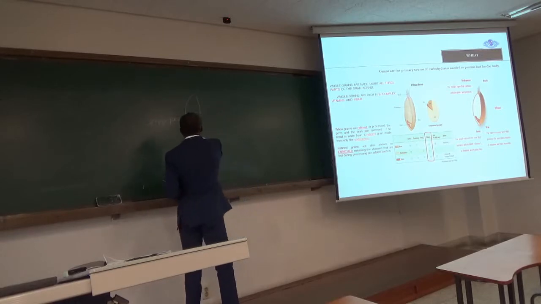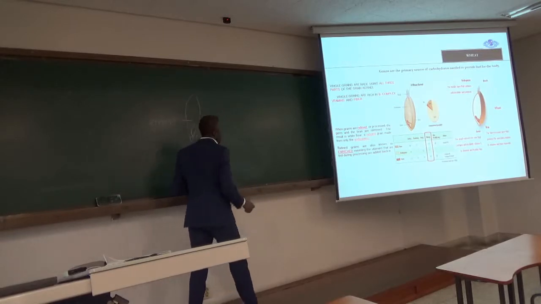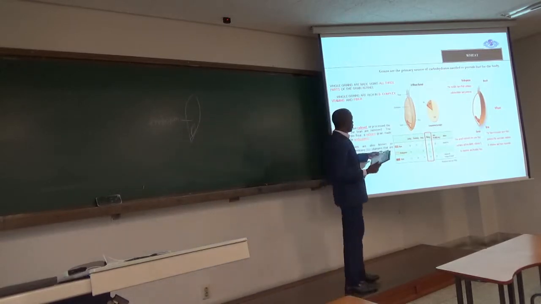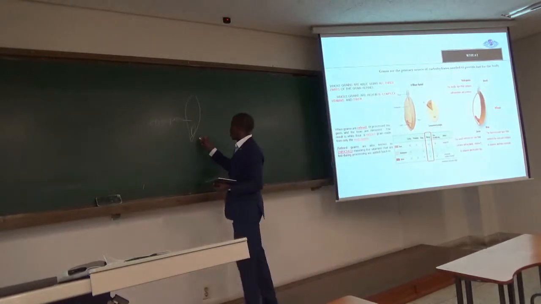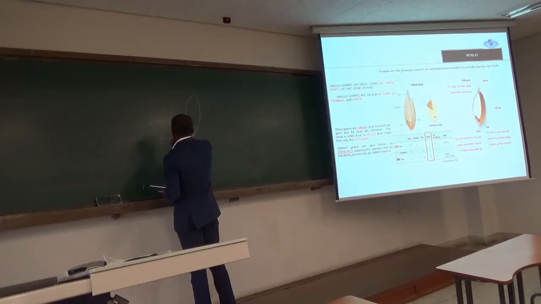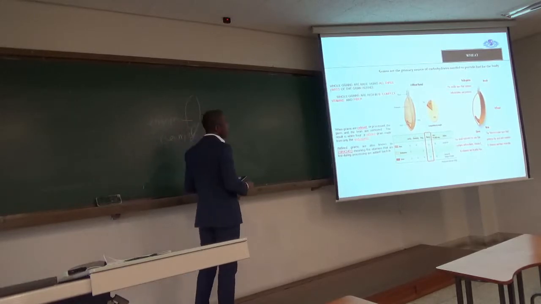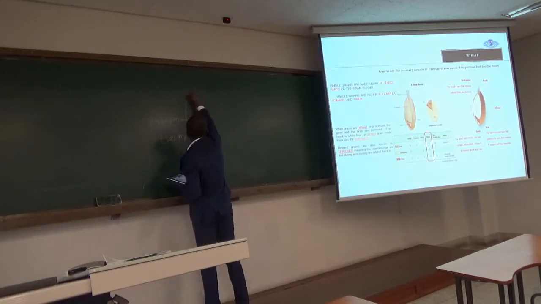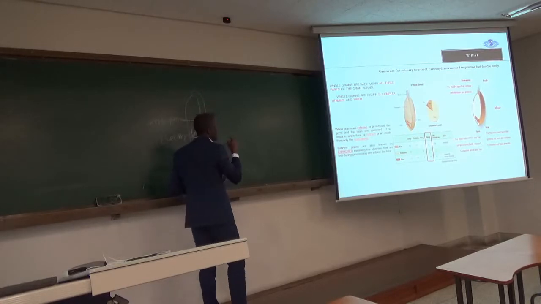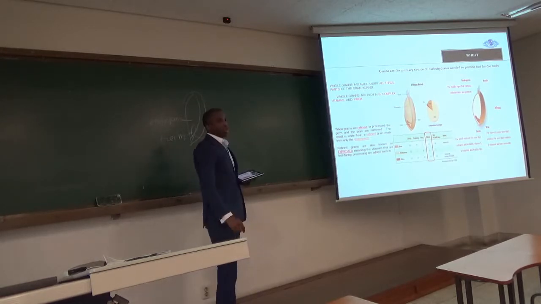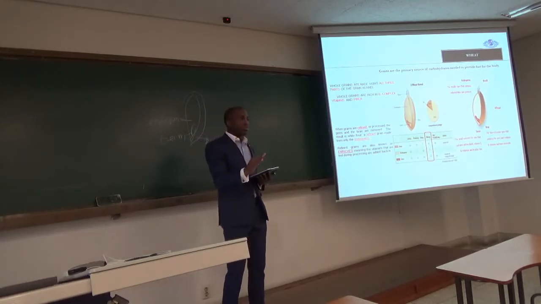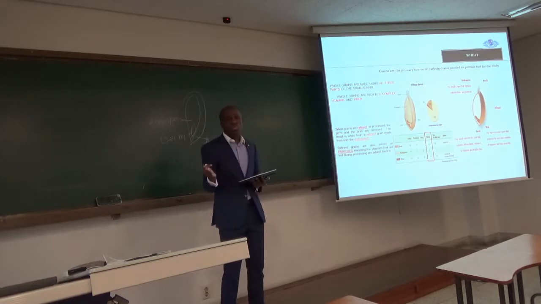And inside here, you're going to see this part, which we call the germ. And then we have these big covering parts that we call the bran. So this is the whole grain, the full grain, nothing is removed, it's intact.